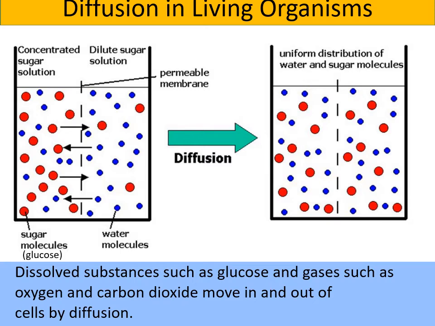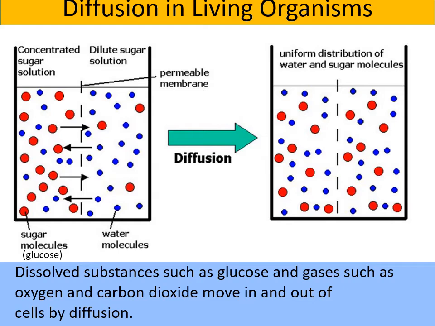And this permeable membrane is just some material that allows things to pass through. Because we've got a high concentration of sugar on the left of the diagram, and the right has less concentration of sugar, so it's fairly dilute, the diffusion will take place from the higher concentration into the lower concentration. So the sugar molecules will diffuse mainly to the right.